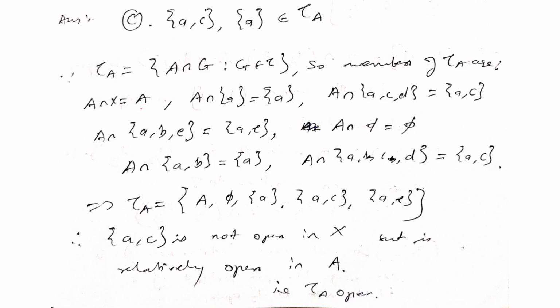A intersection X will be A. Then you take the intersection with all the open sets. So A intersection singleton A will give you A. Similarly, this will give you AC. Then this will give you the empty set, then singleton A and AC. Fine. So tau A will consist of these sets.